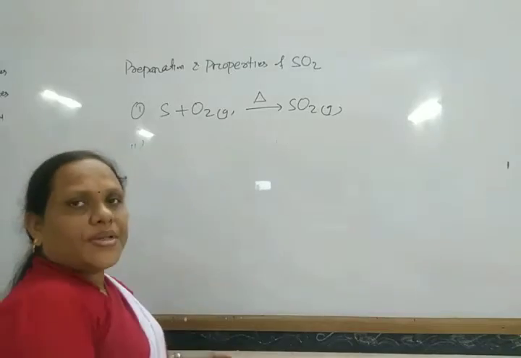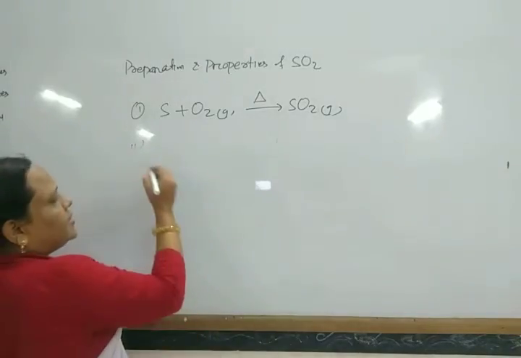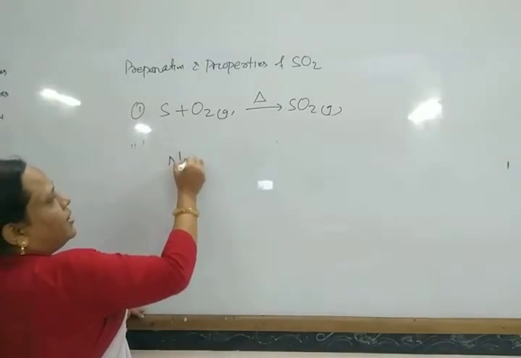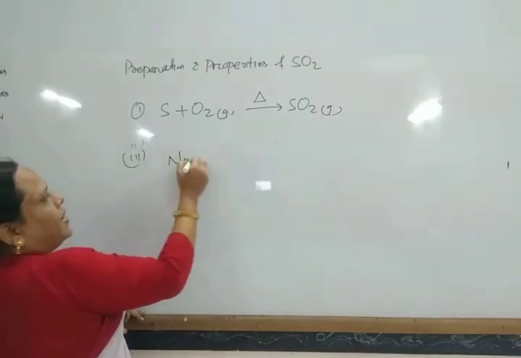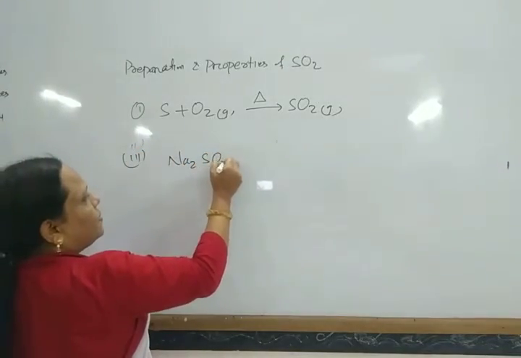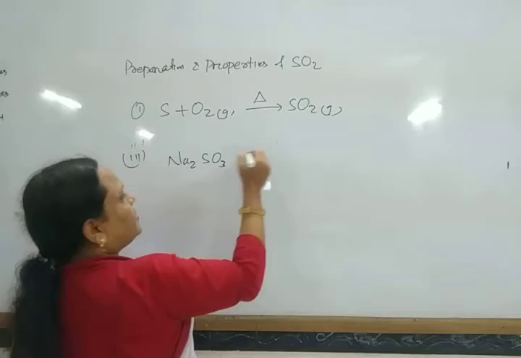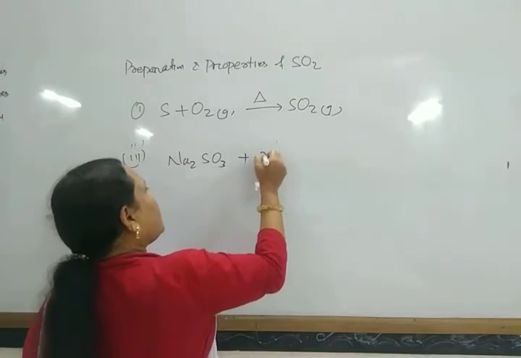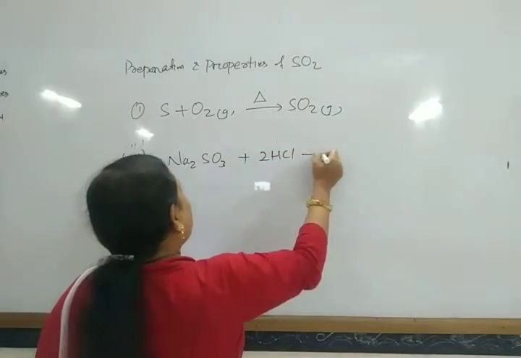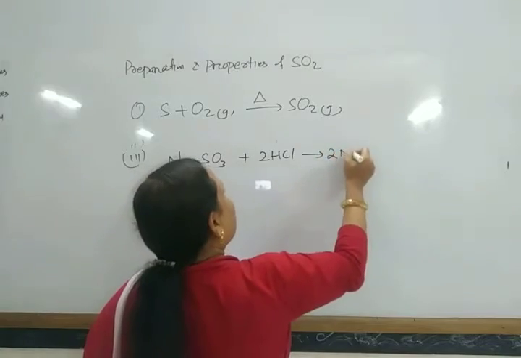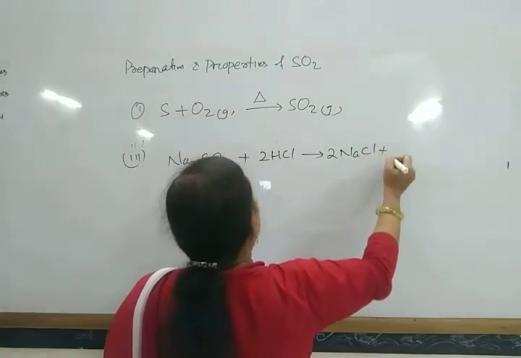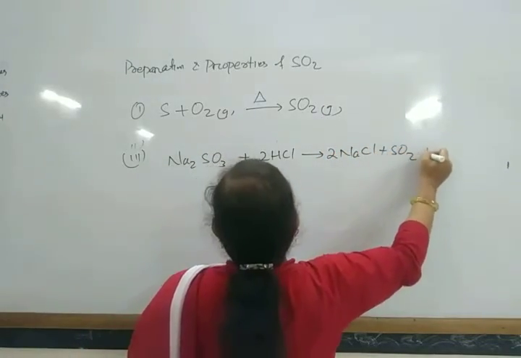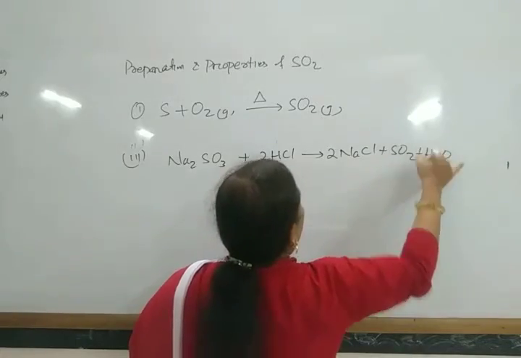For example, Na2SO3 plus 2HCl gives rise to 2NaCl plus SO2 plus H2O.